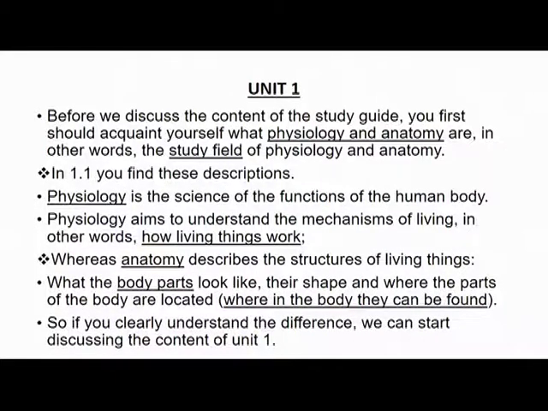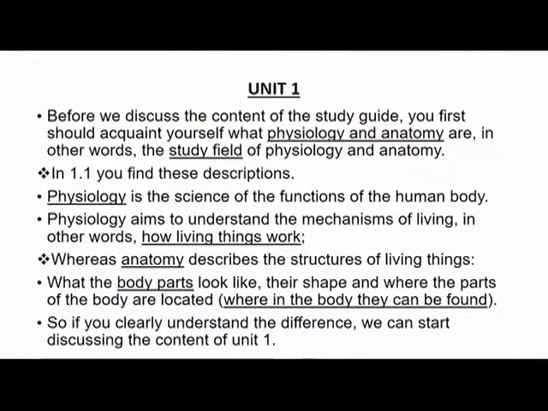Before we discuss the content of the study guide, you first should acquaint yourself with what physiology and anatomy are. In other words, the study field of physiology and anatomy. In 1.1, you find these descriptions. Physiology is the science of the functions of the human body.